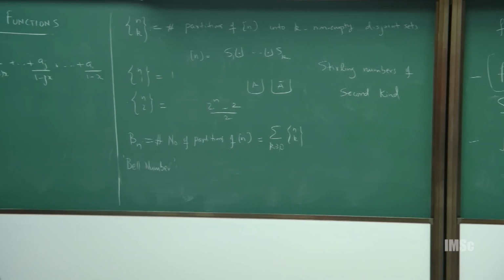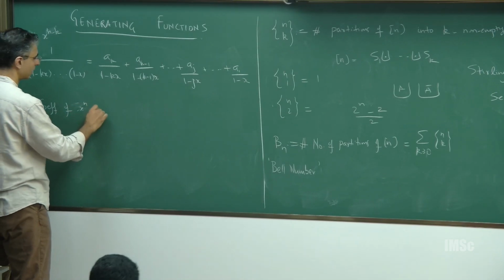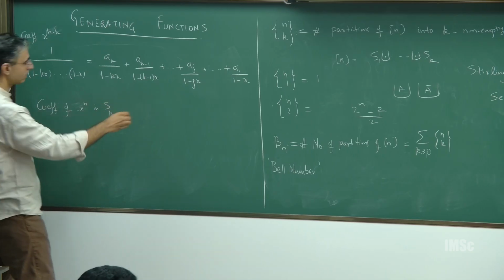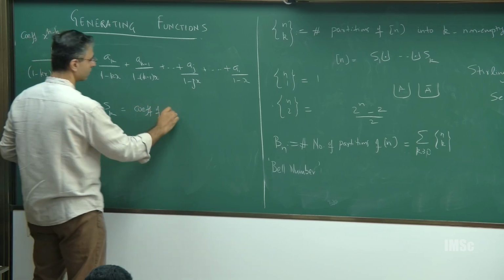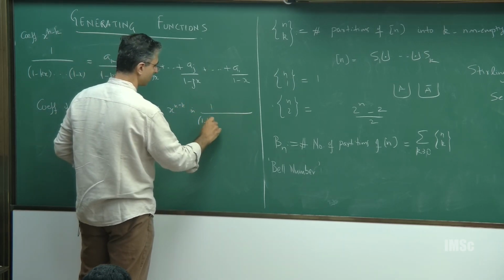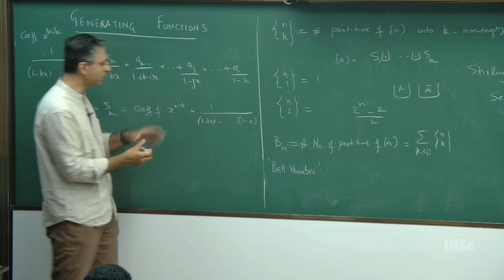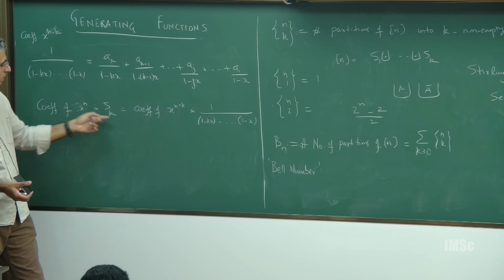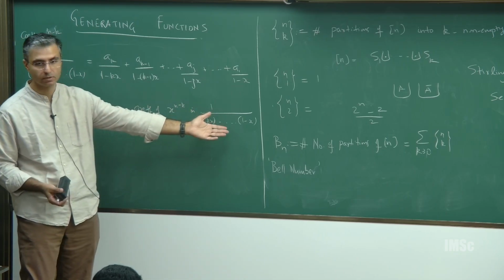So what is this saying? The coefficient of x raised to n in sk, this is what we are interested in, right. But sk is what? Sk is x raised to k times 1 upon this. So if we can find the coefficient of n minus k in this, then that will be equal to the coefficient of x raised to n in sk, right, because sk is just x raised to k times this quantity.